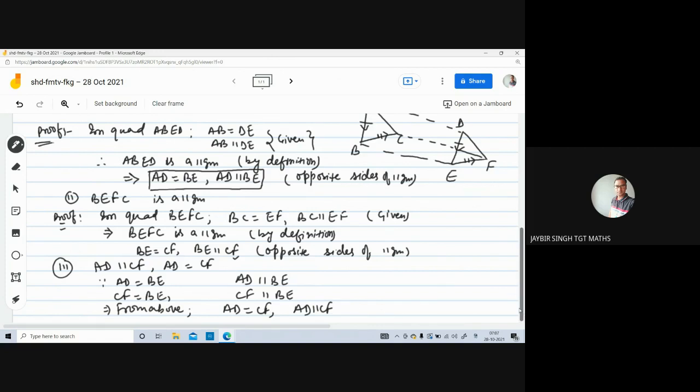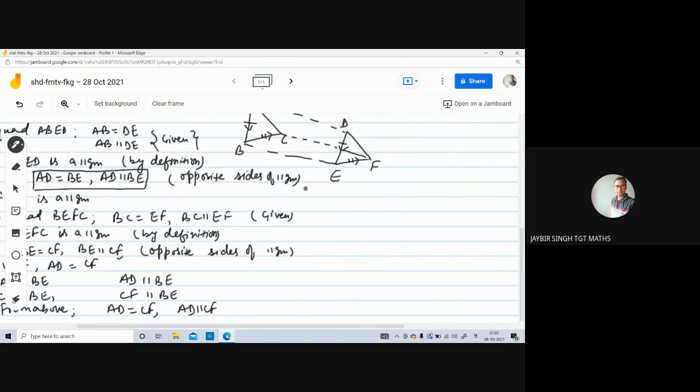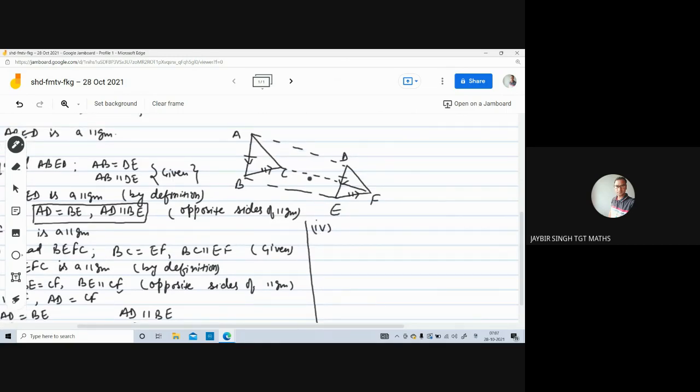Fourth part, you can see AD equal to CF and AD parallel to CF. Since AD equal to CF and AD parallel to CF, we have just proved this above.